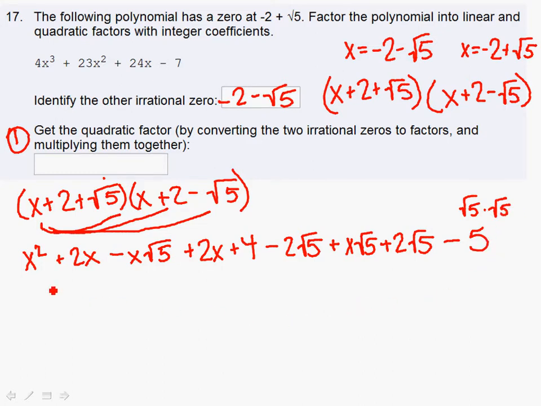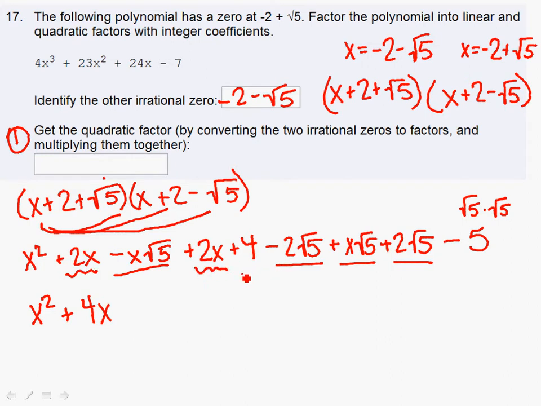Combining like terms, let's first see if we can cancel anything out. This one and this one get canceled out because those are going to subtract from each other. This one and this one get canceled out. So we have x squared plus 4x, because 2x and 2x.